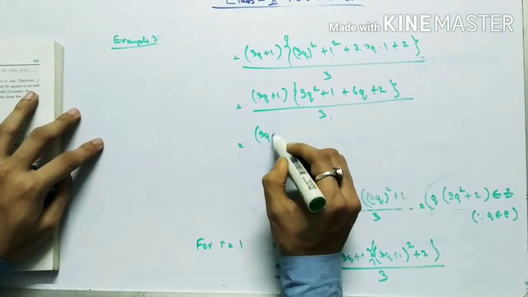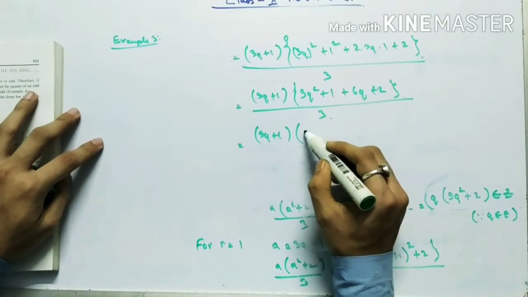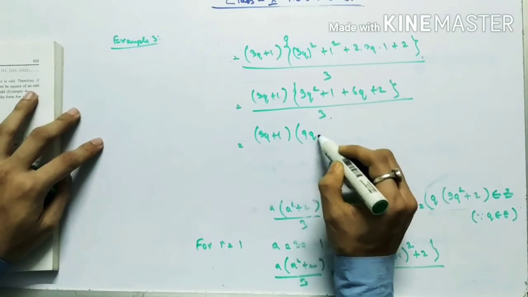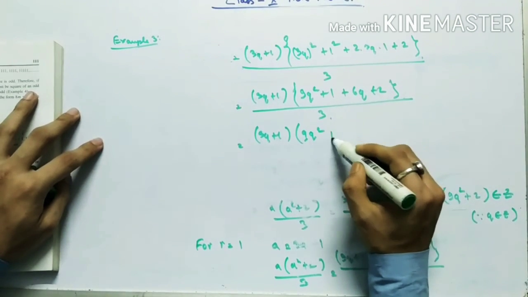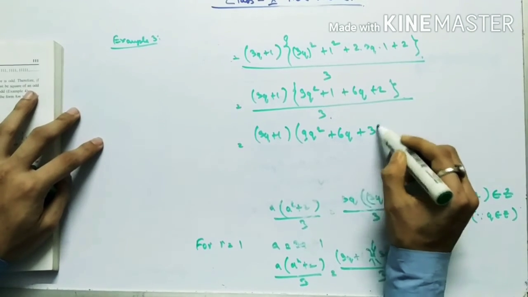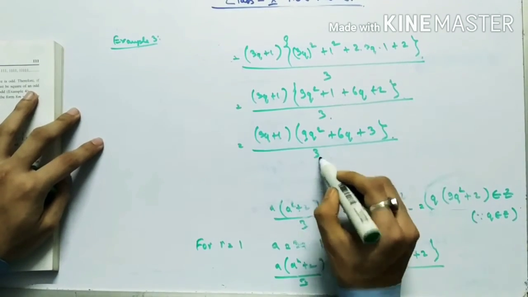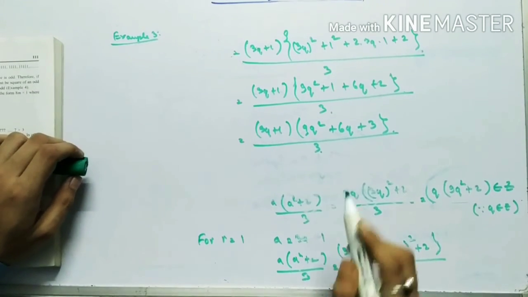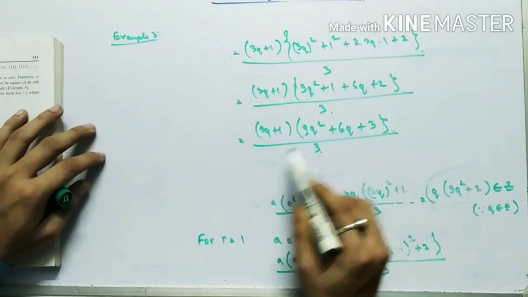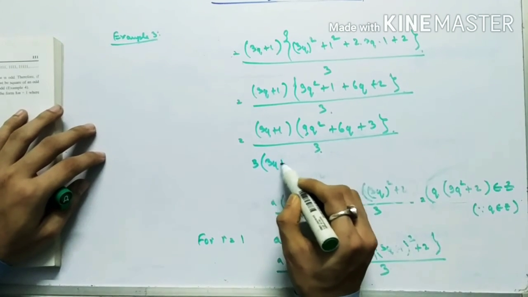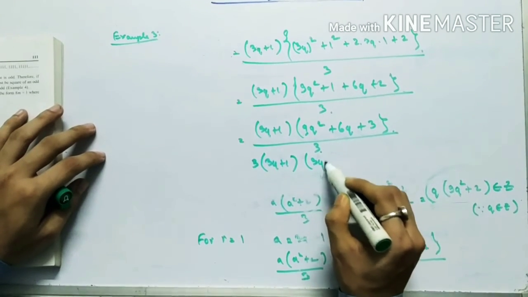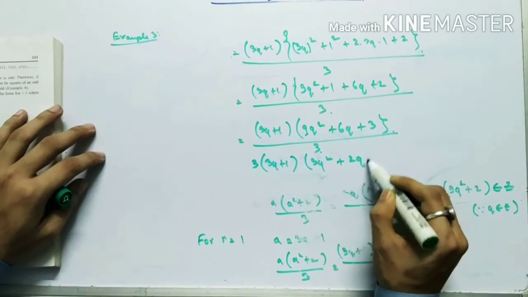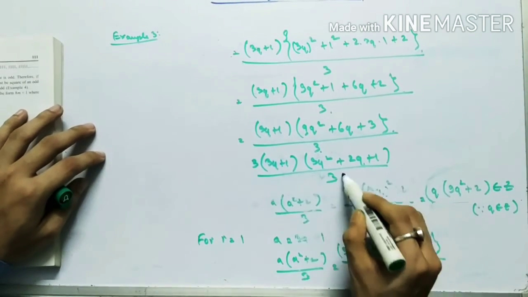So this is 3q plus 1 into 9q square plus 6q plus 3, by 3. Now from here if I take 3 common, this will be 3q square plus 2q plus 1, by 3.